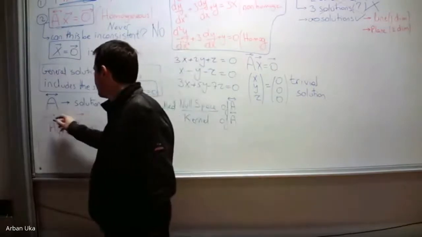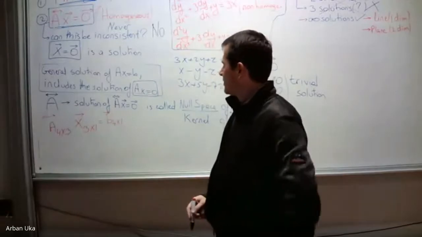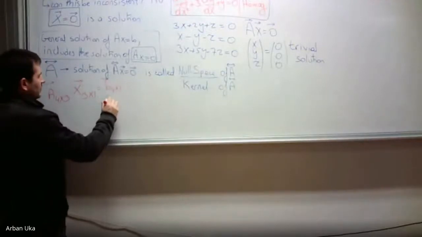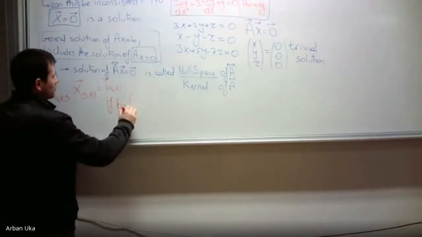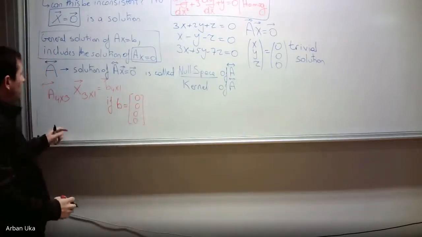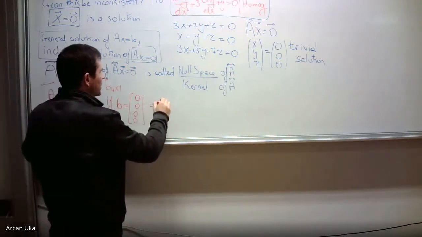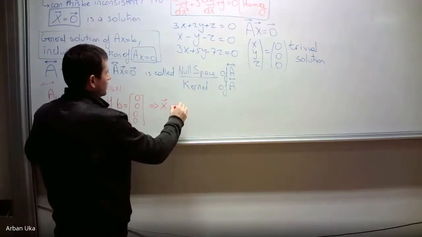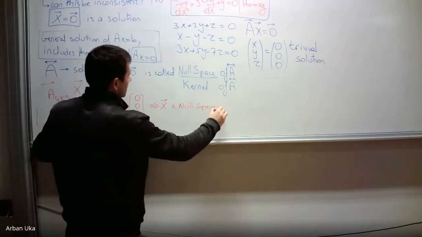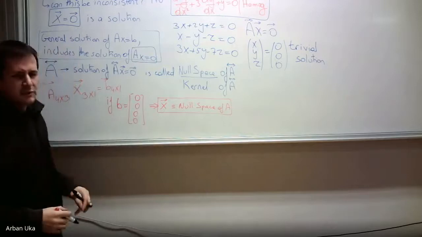So this is the matrix A, 4 by 3, but if b is equal to 0, 0, 0, 0, then the x, because x is a solution, is the null space of A.